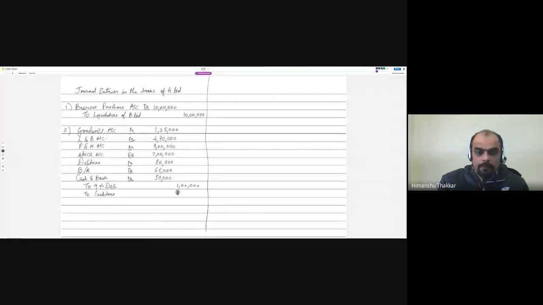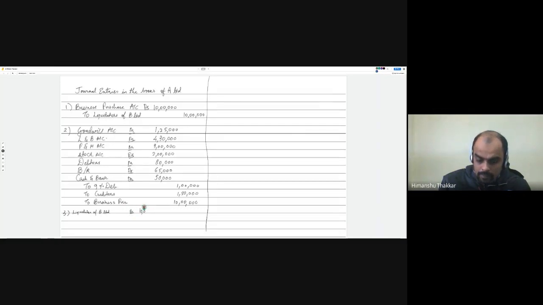Now, regarding how the payment is to be made. So third entry, the payment is to be made through liquidators of B Limited. Debit 10 lakhs.